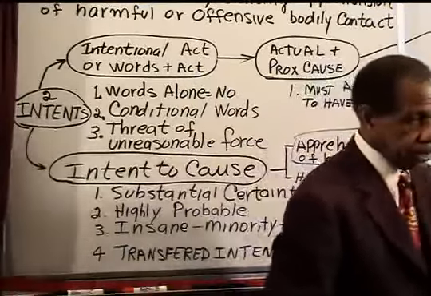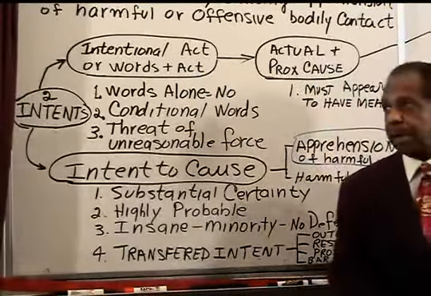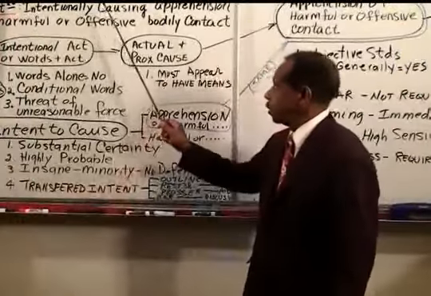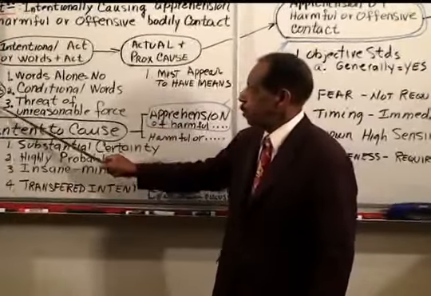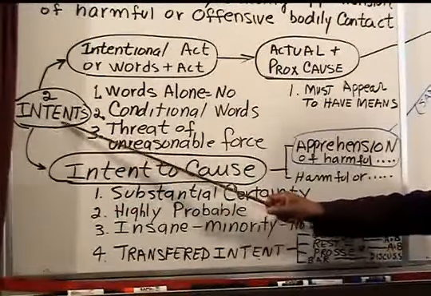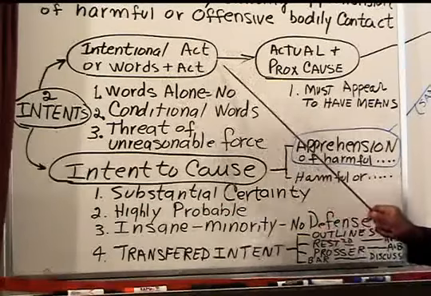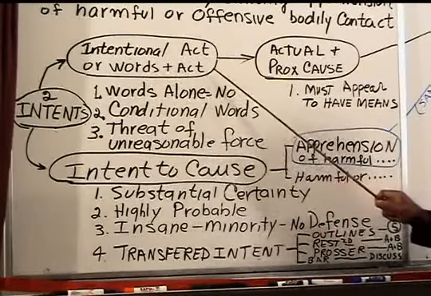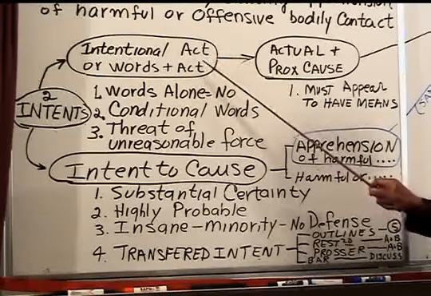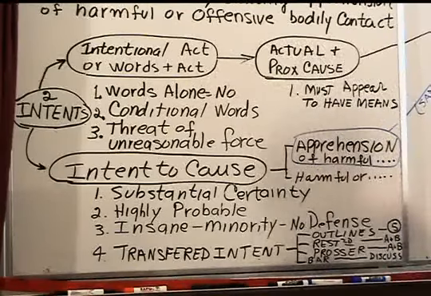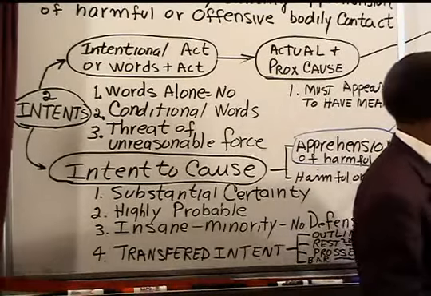Now, let me summarize what we have regarding the law of assault. There are 2 intents required: intent to do the act, and the act, and you can have words plus the act, or the act must be the actual and proximate cause of the apprehension.